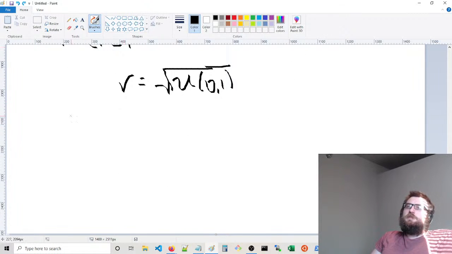Which is kind of like saying, I'm trying to find the probability of R equals some R sub 0, right?